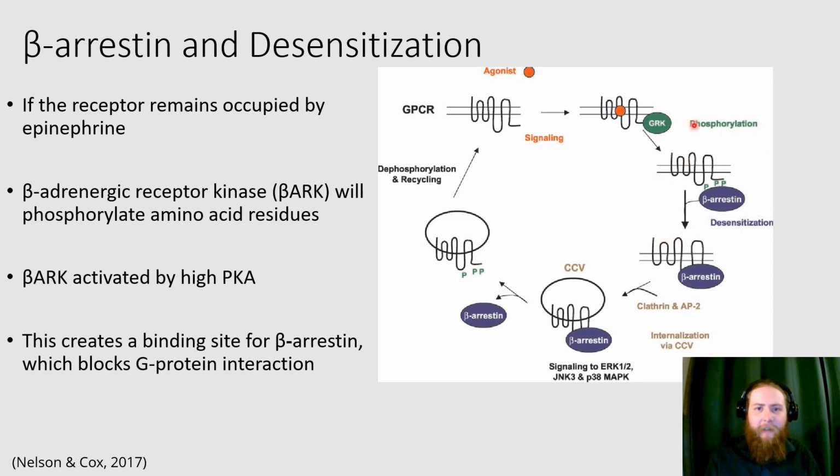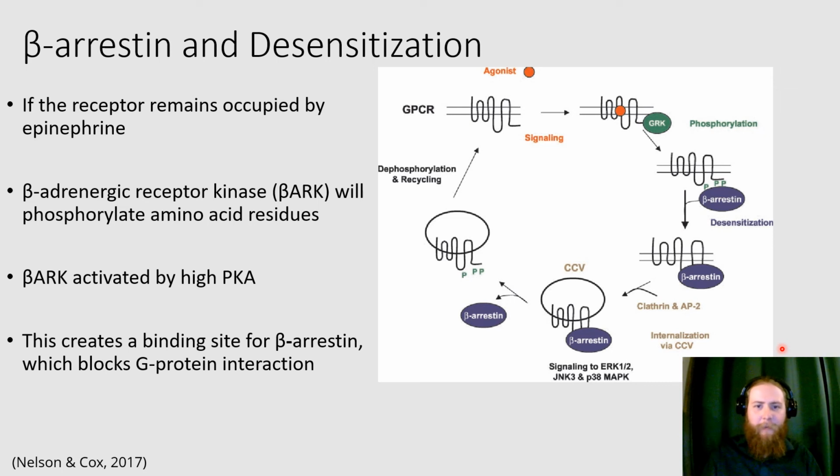And beta-ARK or GRK is activated by increased levels of PKA. So as this agonist continues to bind, it continues to make that G alpha active with GTP there. It will continue to make more cAMP, which continues to activate more PKA.